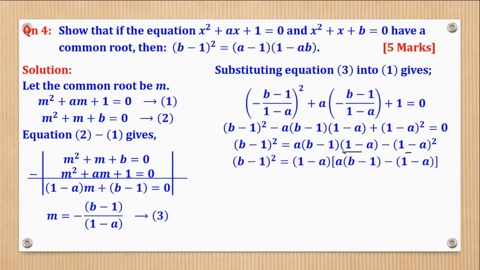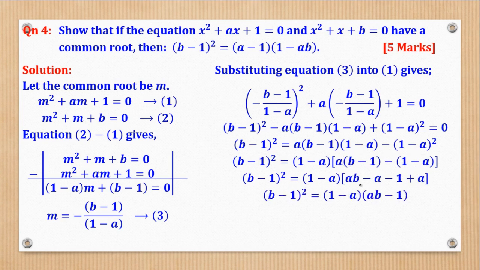When I factorize out 1 minus a here, I remain with a in brackets b minus 1, which is here. Then here the 1 power will go, and you remain with 1 minus a. Then this bracket can be simplified: ab, then a, then here negative 1, and here positive a. Then this and this cancel, so we remain with ab minus 1, which is here.